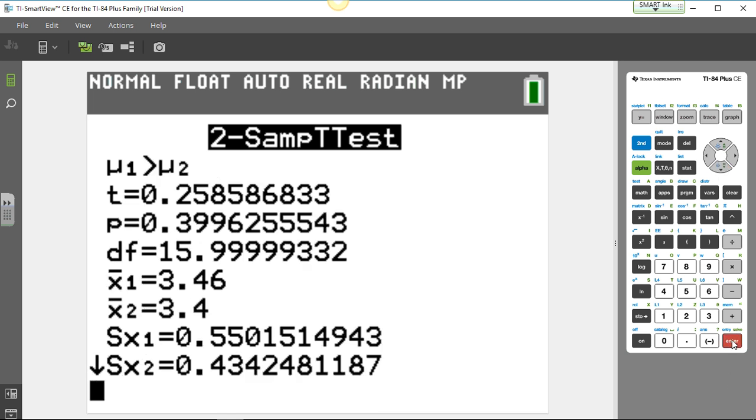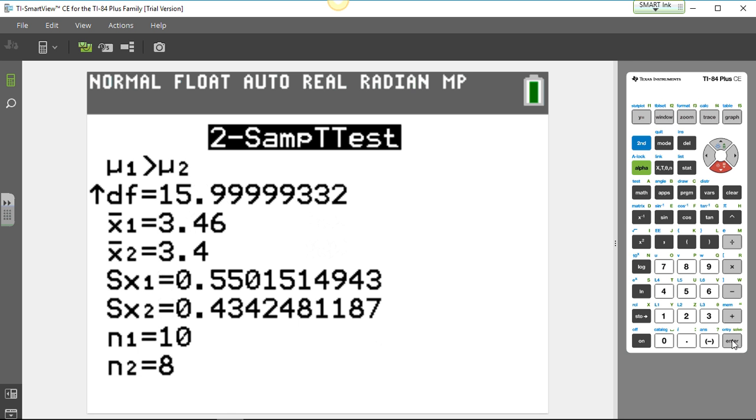All right, so this is what you should see here. See if you have the same statistics I do once you use the data piece in your calculator. You guys have the same thing I do? All right, so keep this menu on your calculator. Don't clear it, because now we're going to use it to plug stuff in. Notice as you go down, you actually have the x bars, the Sx's, and the n's.